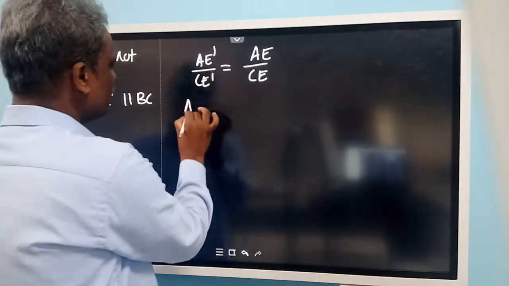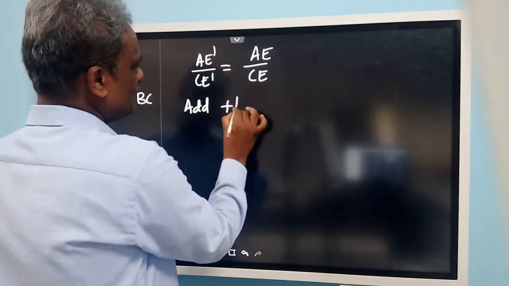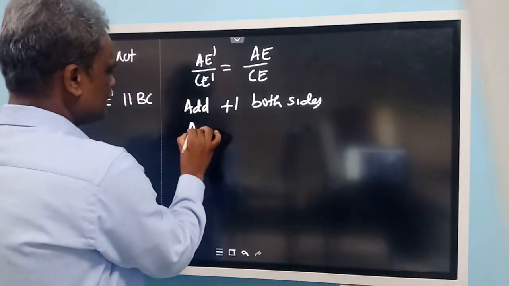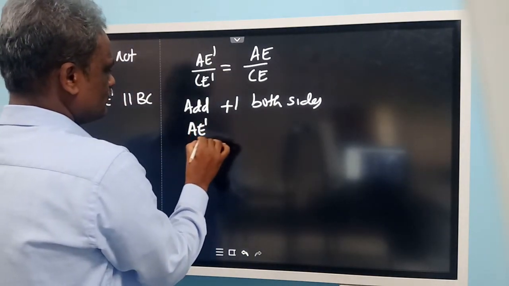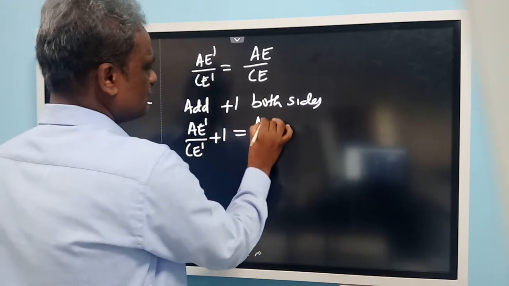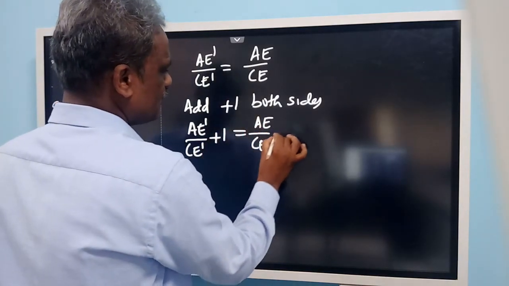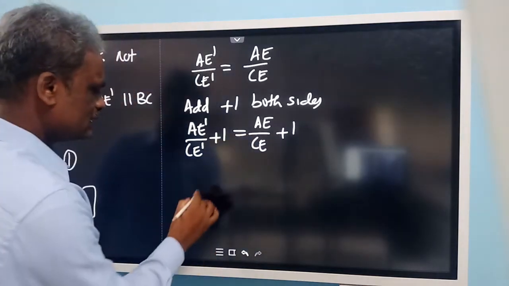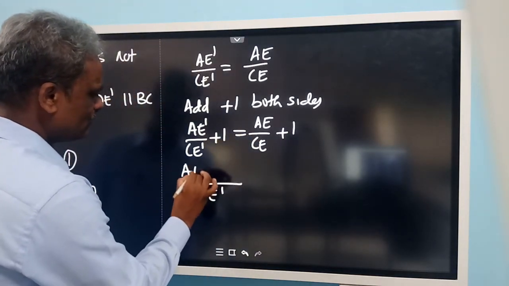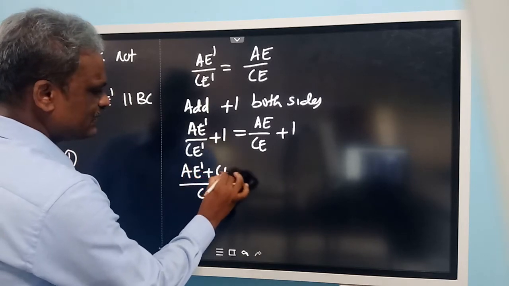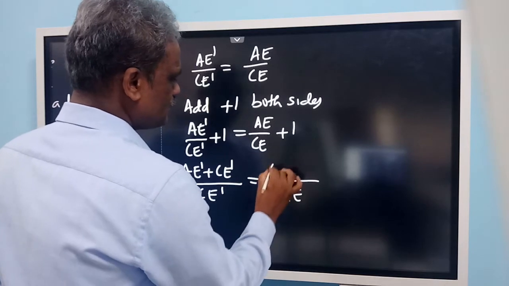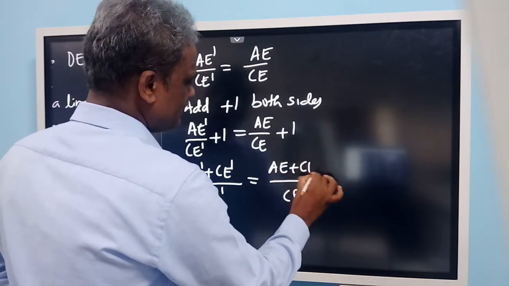Let us add 1 to both sides. What happens? AE dash by CE dash plus 1 is equal to AE by CE plus 1. CE dash will be the LCM. So this will become AE dash plus CE dash, and on the other side CE will be the LCM, so AE plus CE.